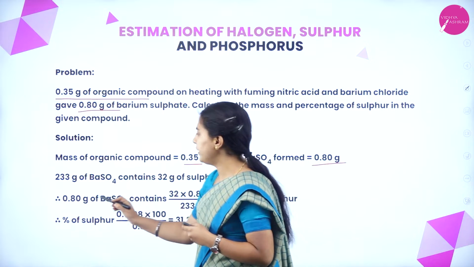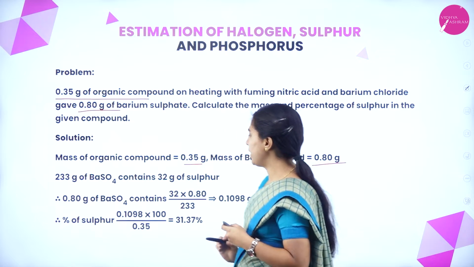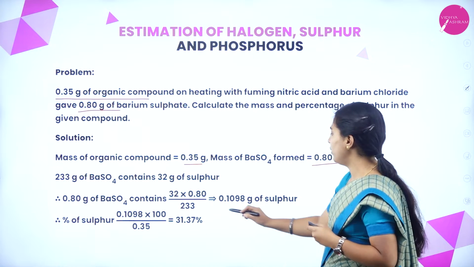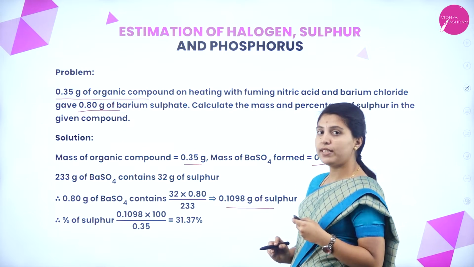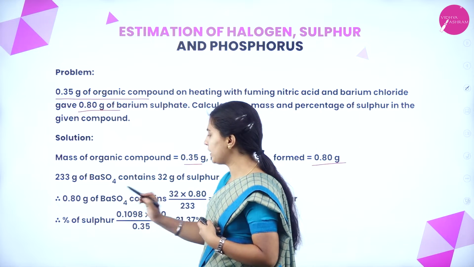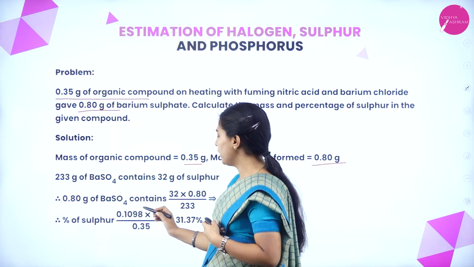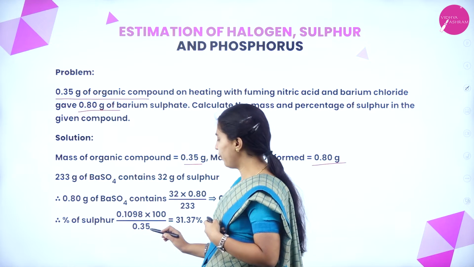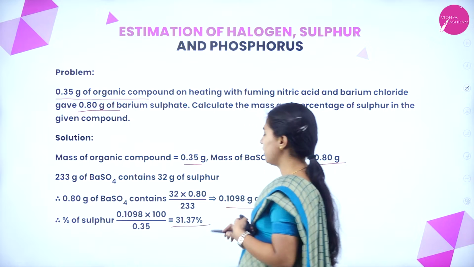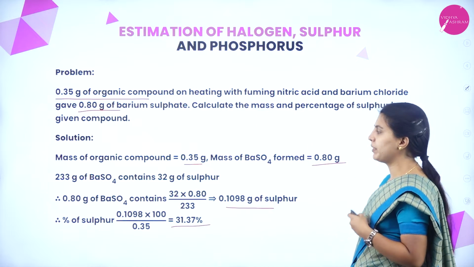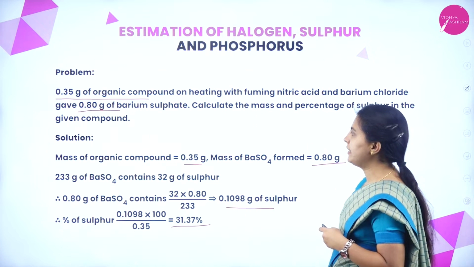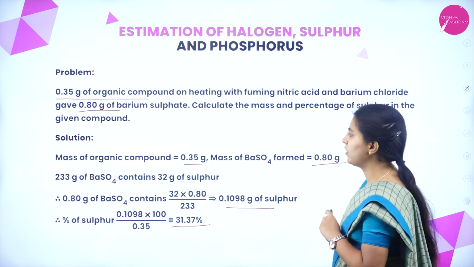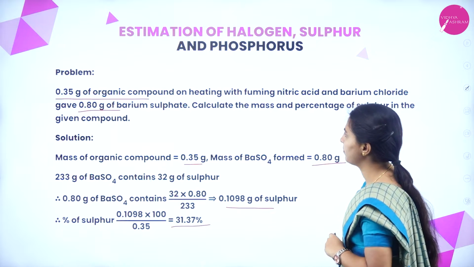So 0.80 gram of barium sulfate contains 32 into 0.80 by 233, which is 0.1098 gram of sulfur. The percentage of sulfur is this divided by the mass of the organic compound into 100, which gives 31.37%. This is about the estimation of sulfur with its problem and calculations.